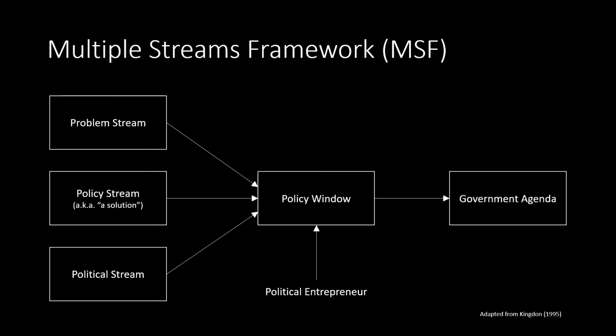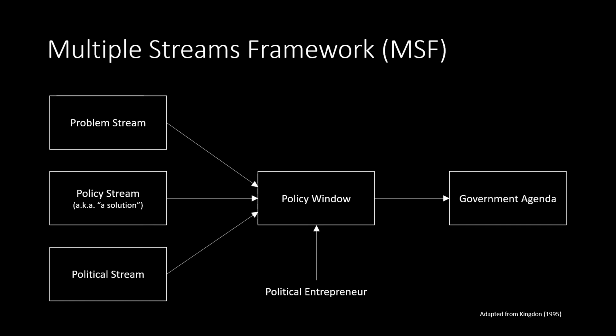What happens during this policy window is that the advocates, who he calls policy entrepreneurs in his book, push the solution forward and they manage to get it onto the government agenda, where of course it's usually subject to some sort of vote and review and debate and all of that, depending on what level of government you're talking about.